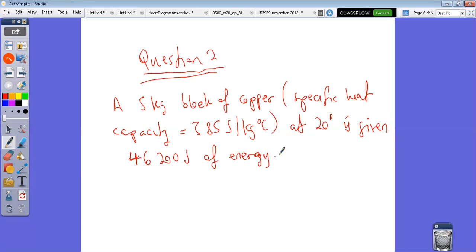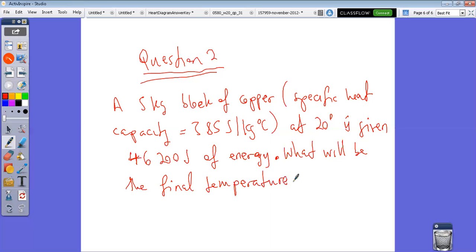What will be the final temperature? So can you calculate that? 2 minutes.